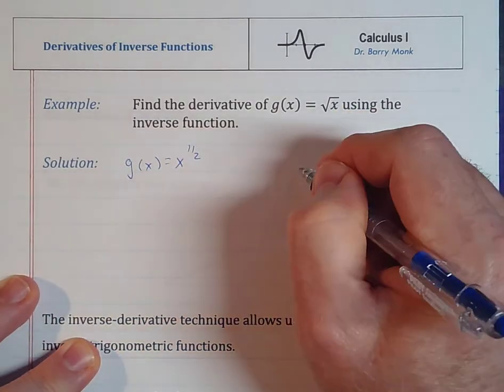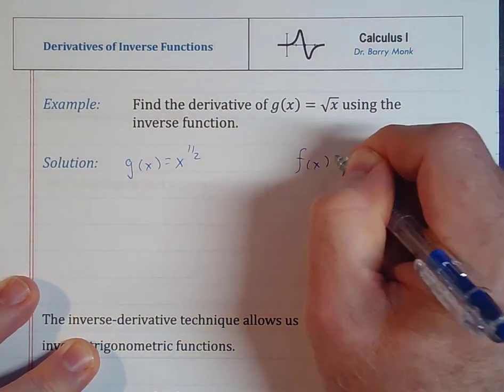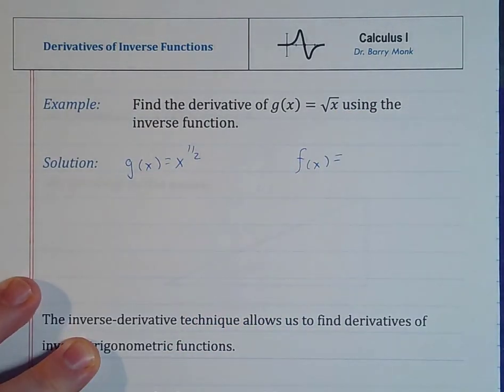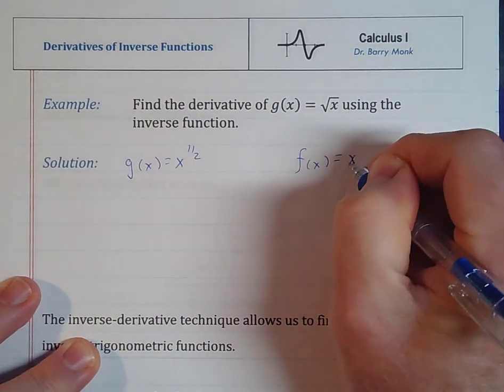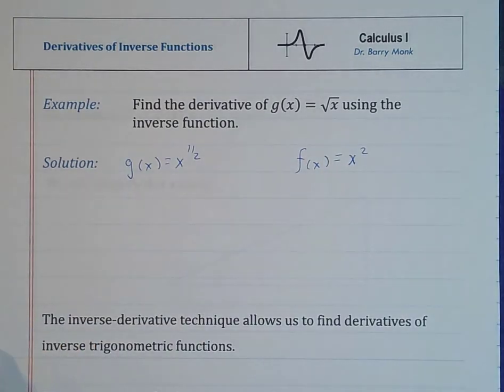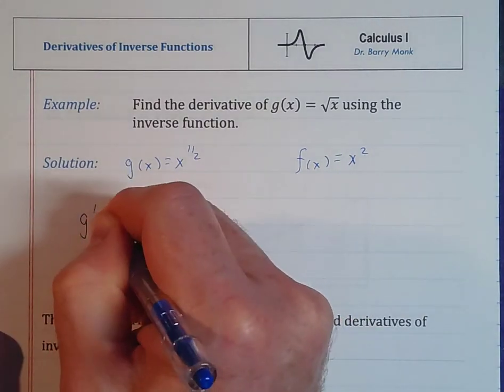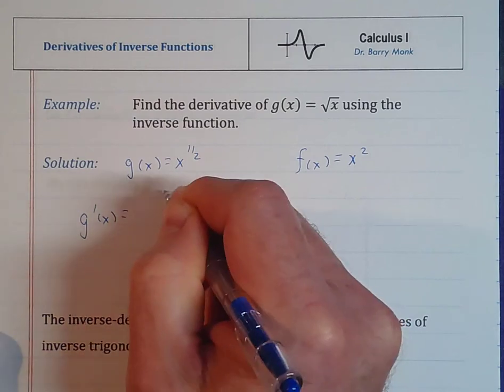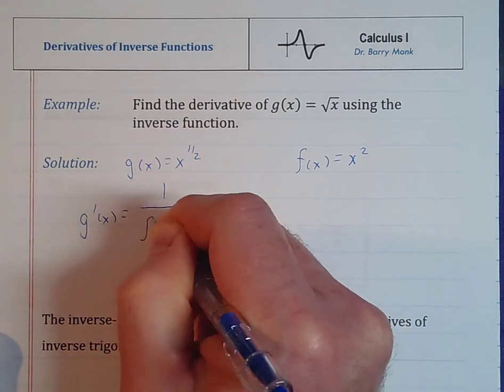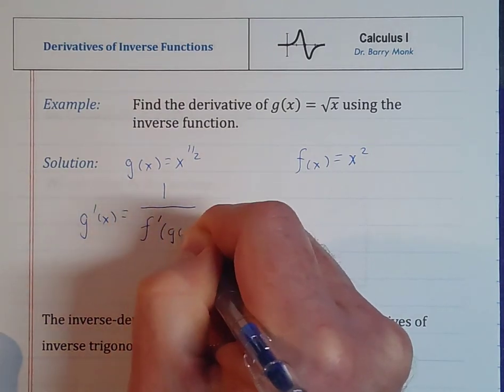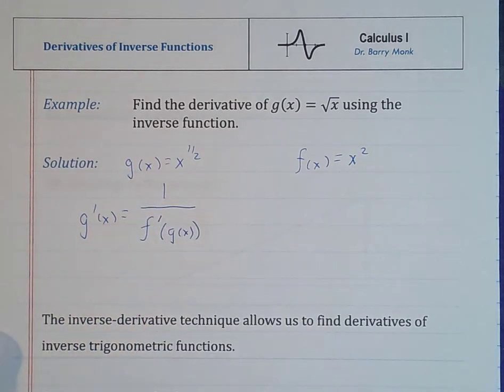Let's see. The inverse of x to the 1/2, the inverse of the square root function, is the square function. So that's f of x. All right. I know that g prime of x is equal to 1 over f prime of g of x. Okay.